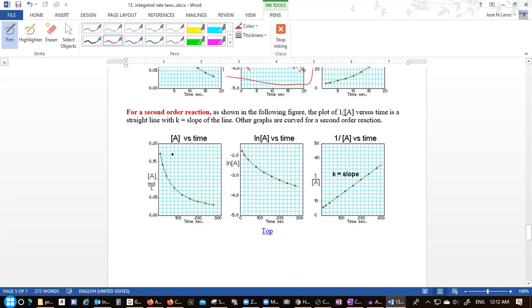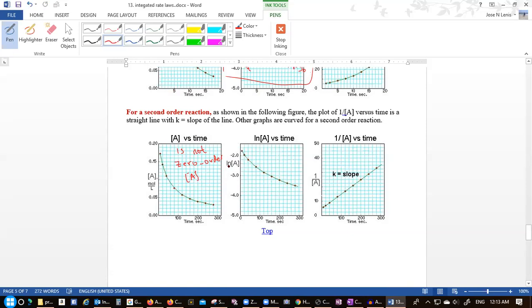Your conclusion here is that this reaction that you're running is not zero order with respect to concentration of A. It's not, because it's not linear here.